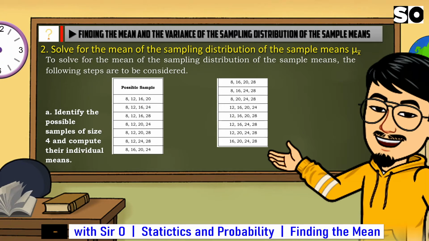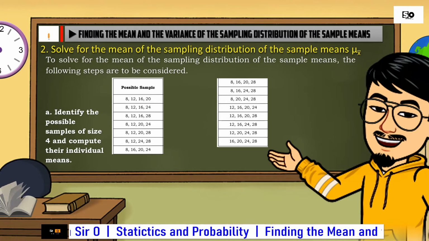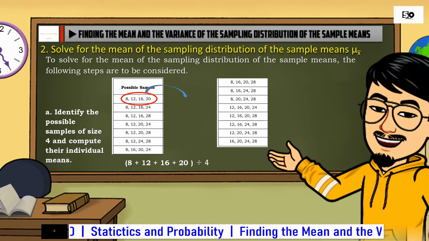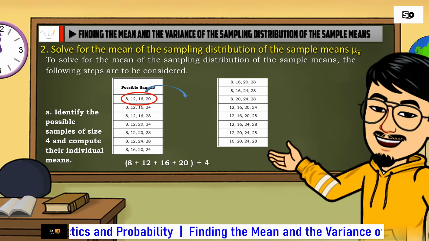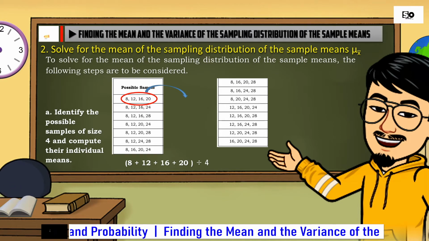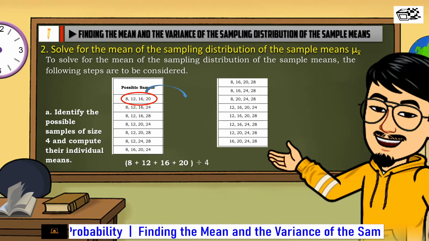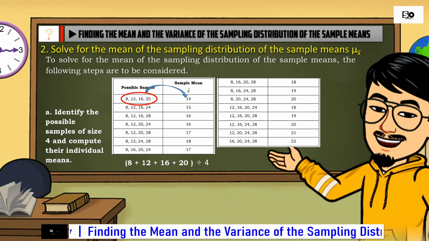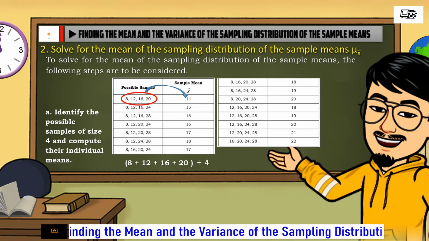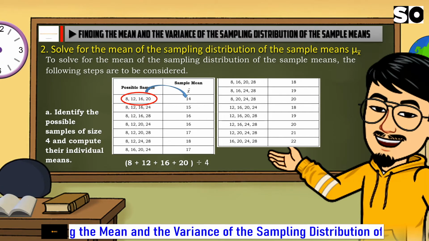Here are the possible samples. To get the mean, add all the possible samples and divide it by 4. Do that process in all the possible samples.